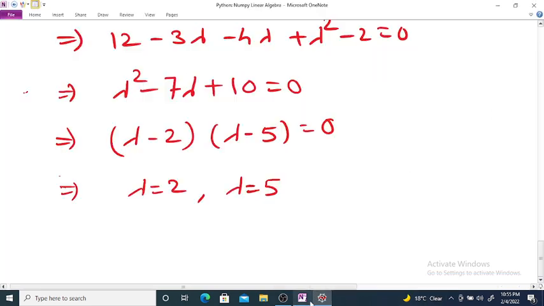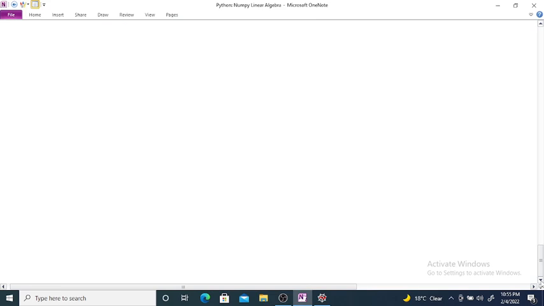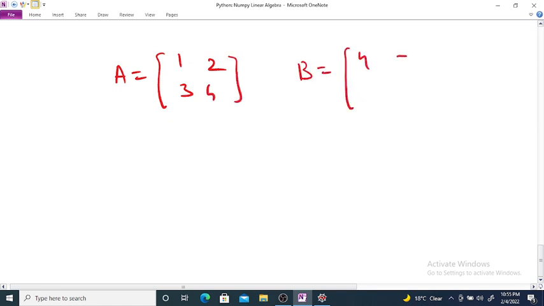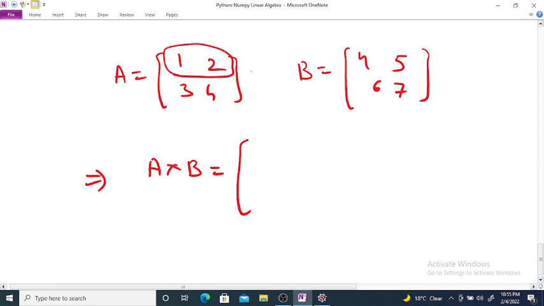Okay, there is one more thing: you can find the product of two matrices. Suppose A is equal to [1 2; 3 4], and B is equal to [4 5; 6 7]. Then A into B is equal to first row into first column, so this is 4 plus 12.